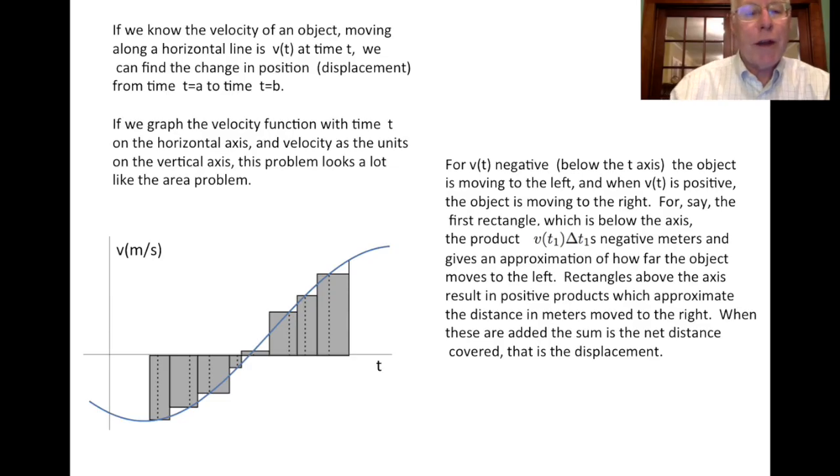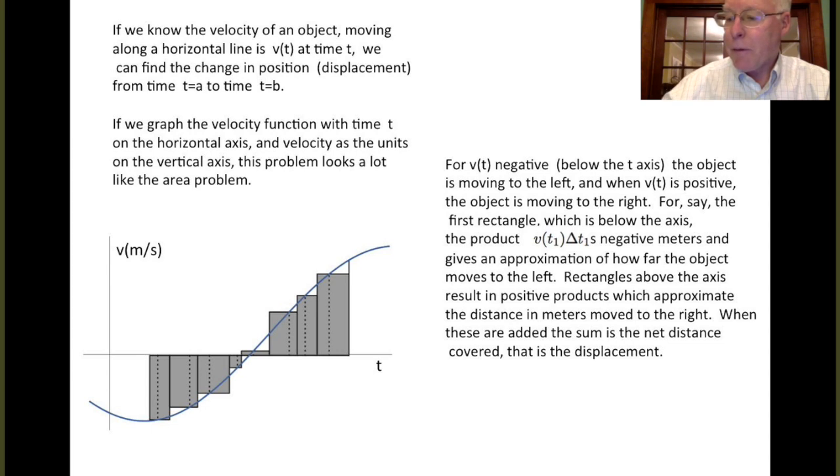So we can use a rectangle type approach to figure out what the displacement is, or to approximate it, as follows. Here we've more or less filled the area between the graph and the t-axis with rectangles. Now in this case, the horizontal axis is in time, perhaps in seconds, as we see here. And the vertical axis is a velocity, so perhaps that's in meters per second.